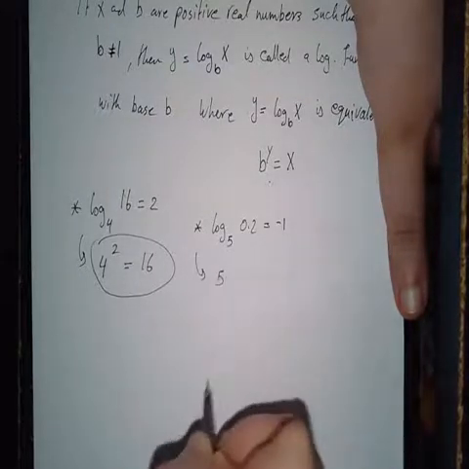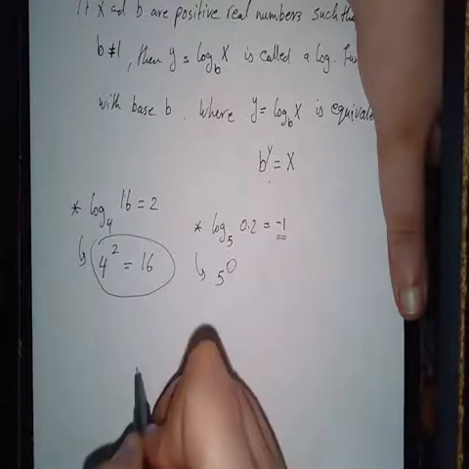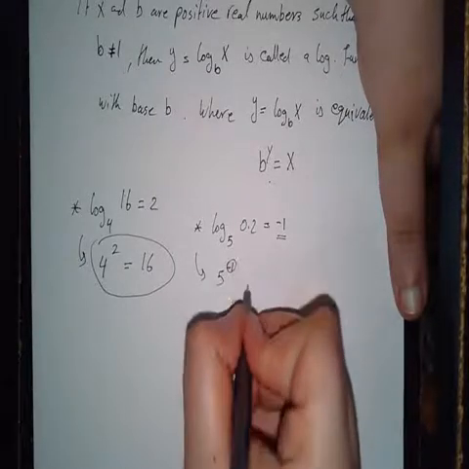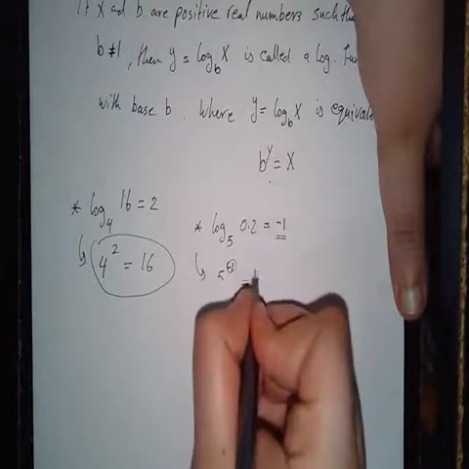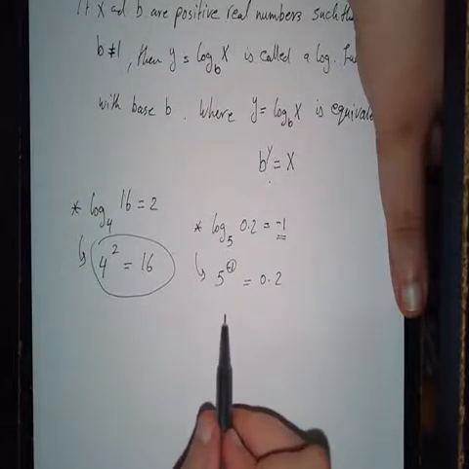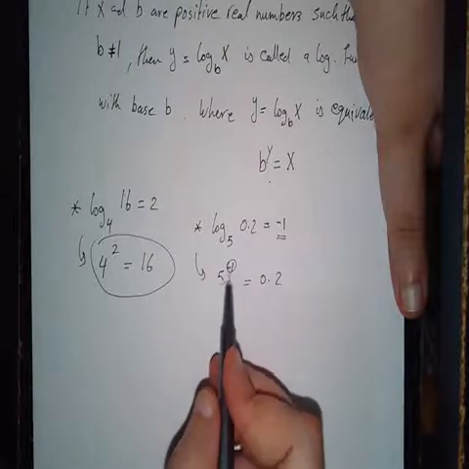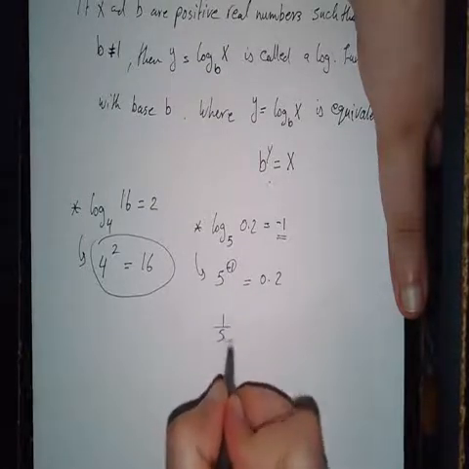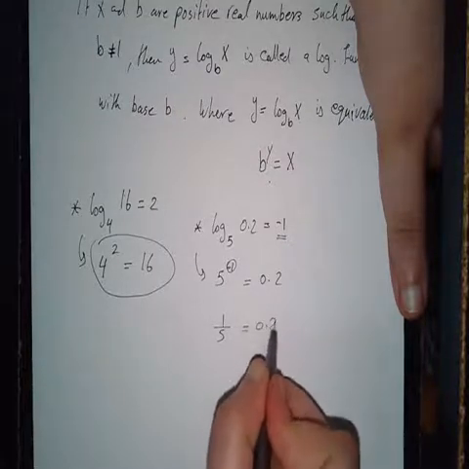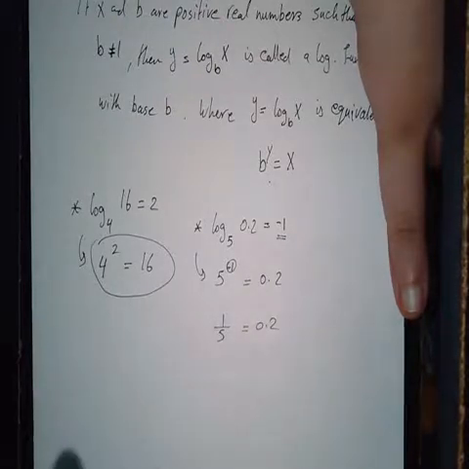The power is the answer of the log, so it's -1. 5 to the power of -1 equals what's inside the log, which is 0.2. Does this make sense? Now this is a little harder to see, but yes, it does. Because when you have 5 to the -1 power, like we saw in the previous section, this becomes 1 over 5, with 5 in the denominator. And 1/5 actually does equal 0.2. Make sense? So this is also true.